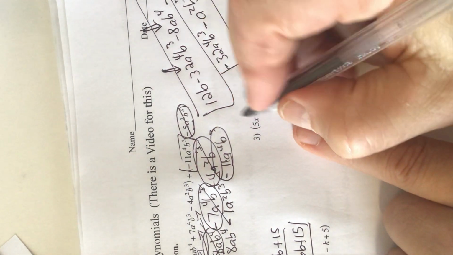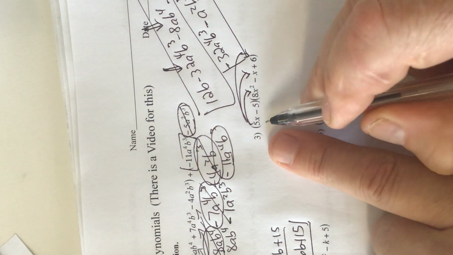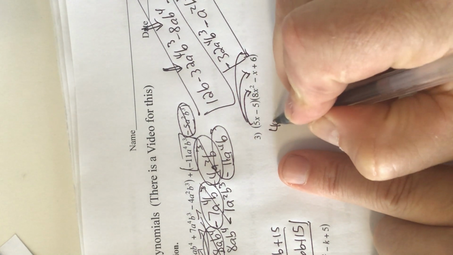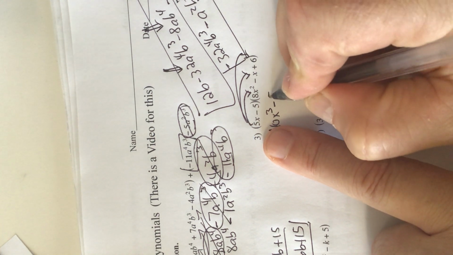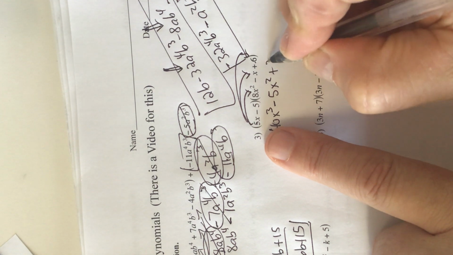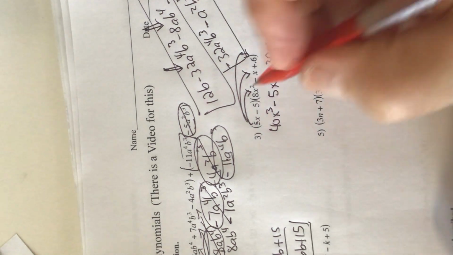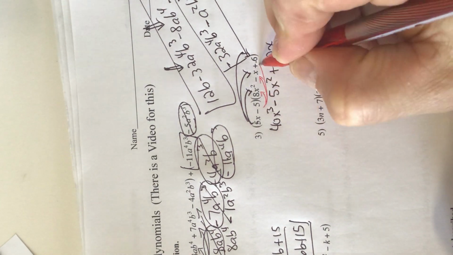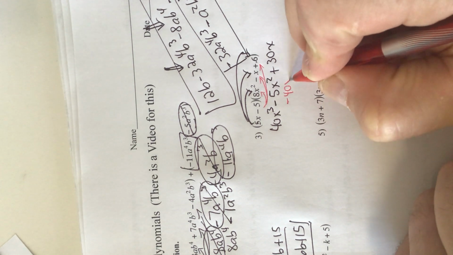Again, real simple. If you have to take it times all 3 of them, fine. Take it times all 3 of them. 5 times 8 is 40x to the third. 5 times negative 1 will be negative 5x squared, and 5 times 6 is 30. And now we have to do the negative 5 times. So negative 5 times 8 is negative 40x squared.